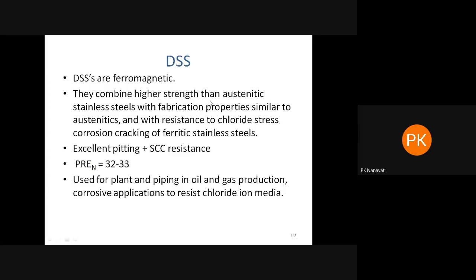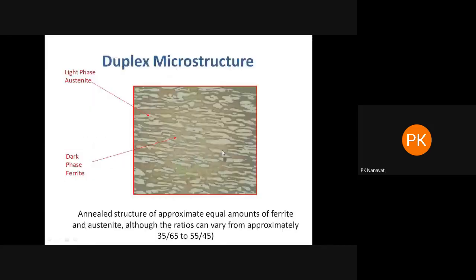It means they are welded as well as austenitic stainless steel, but they have resistance to chloride stress as good as ferritic stainless steel. So these have the highest pitting and stress corrosion resistance. They are most of the time used in power plants or oil and gas production fabrication.